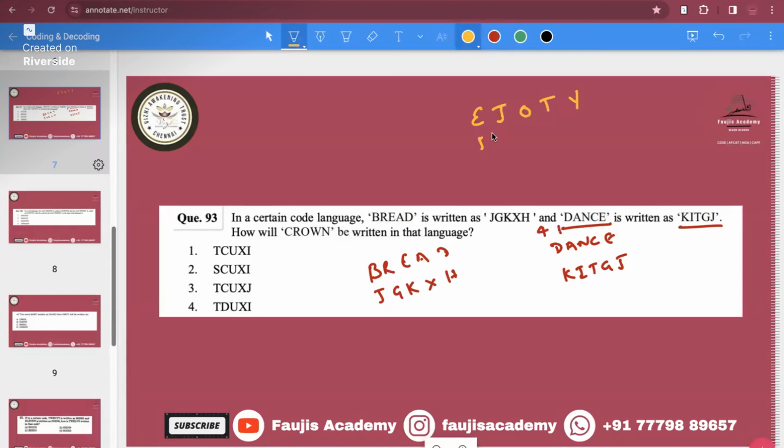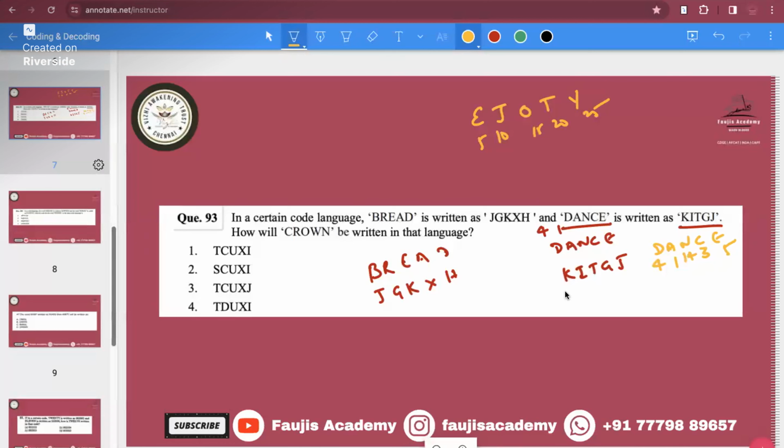5, 10, 15, 20, 25. So in dance, D is 4, A is 1, N is 14, C is 3, E is 5.